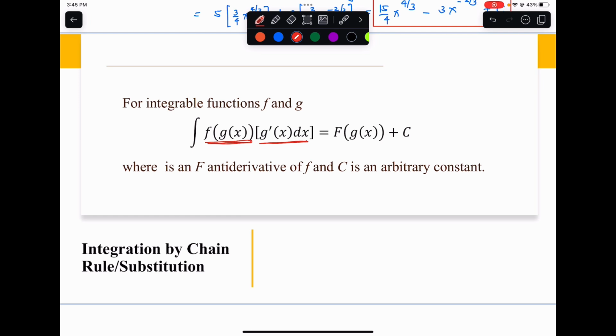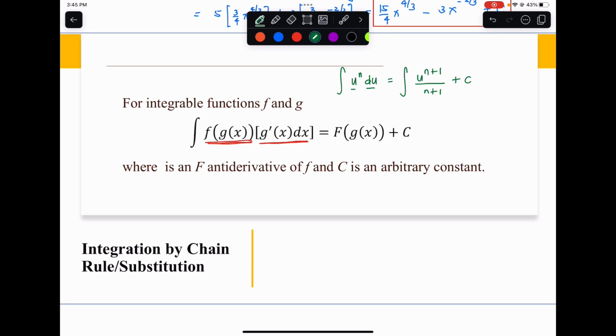If I want to do it using the power rule formula, instead of x raised to n, this is the same as the integral of u raised to n du, wherein u could be any function, in such a way that once I derive u, I'll be able to get du. Then the integral of this will be u raised to n plus 1 all over n plus 1 plus c. So this is our objective here.